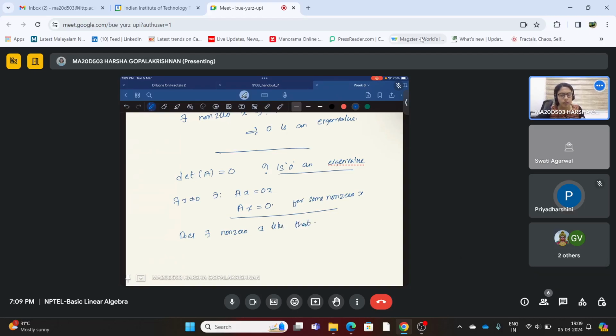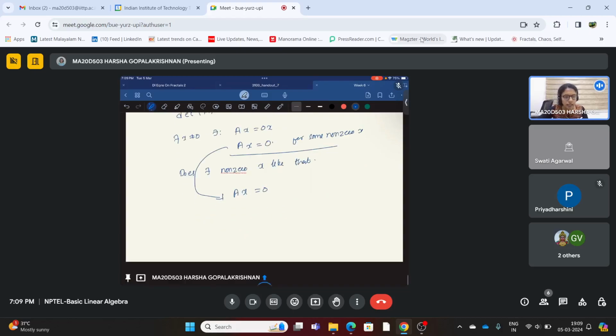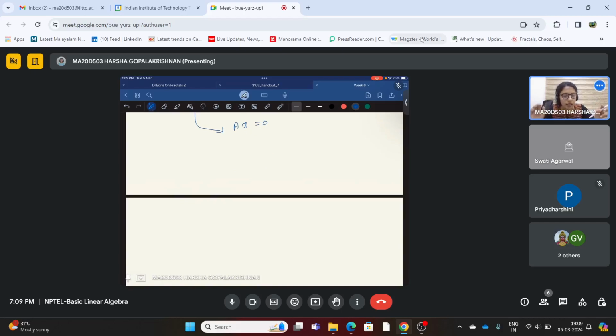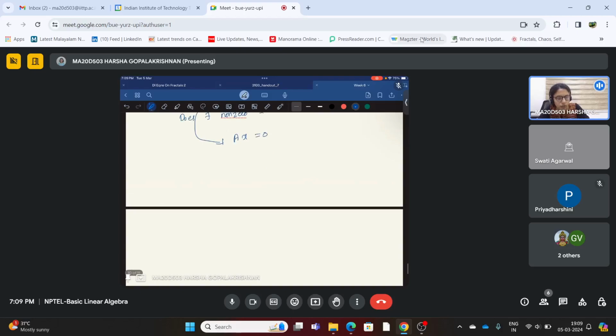What is the equation we are having here? Ax equal to 0. This is a homogeneous linear equation. We have already studied, in week 1 or 2, Ax equal to 0 where A is an n by n matrix. So it is n equations in n unknowns.